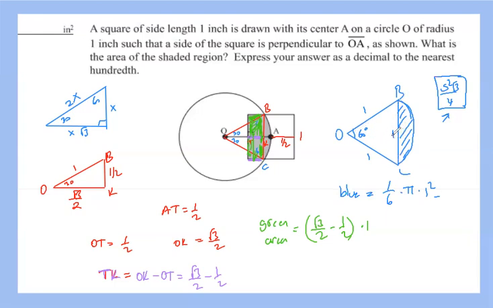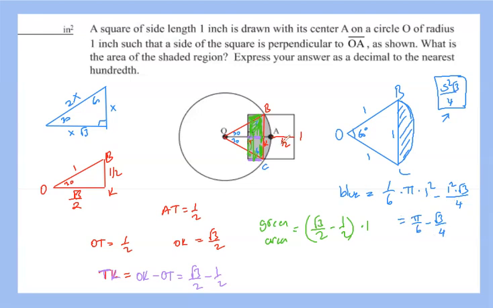You can use 30-60-90 or just Pythagorean to find the height of this triangle, and go from there to get the area. But it's good to remember this as well. So the side is 1, so 1 squared times √3/4. The blue region will be pi over 6 minus √3/4.